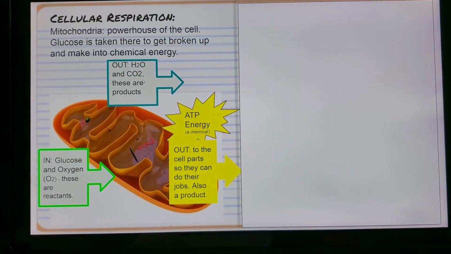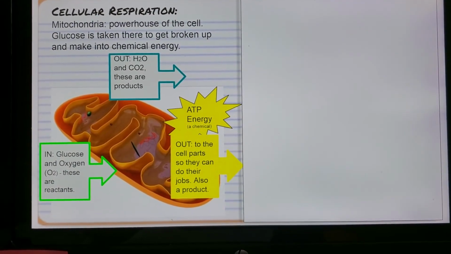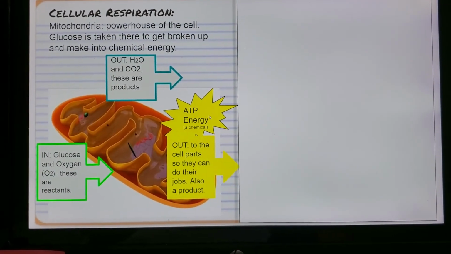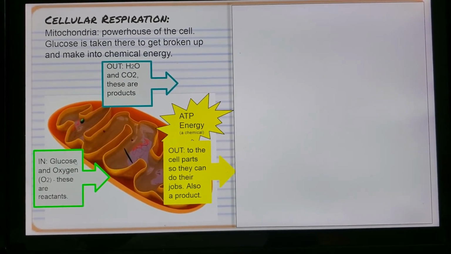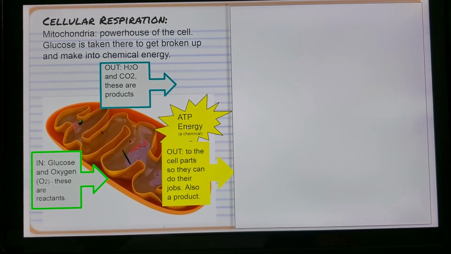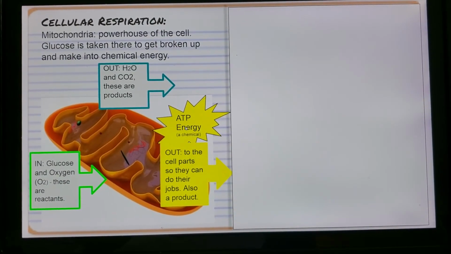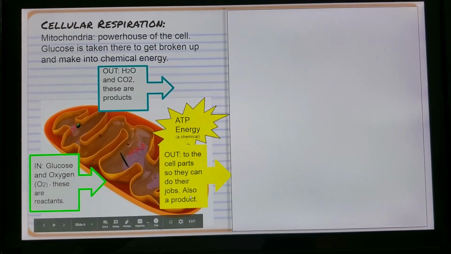But the biggest and most important part that we're looking at is this right here. When it busts up this molecule of glucose and pulls the atoms apart one from the other, it gives out this energy.